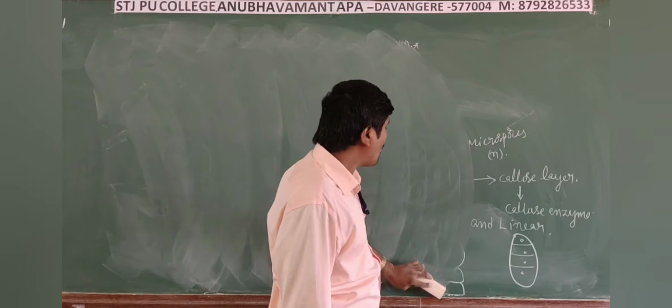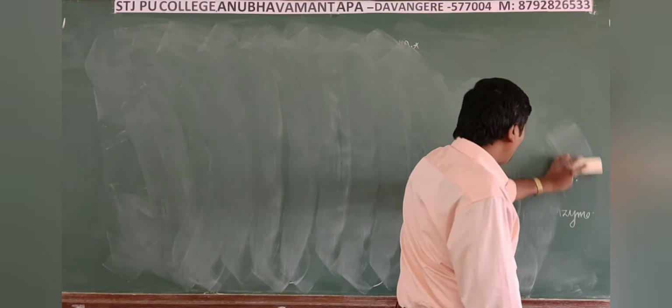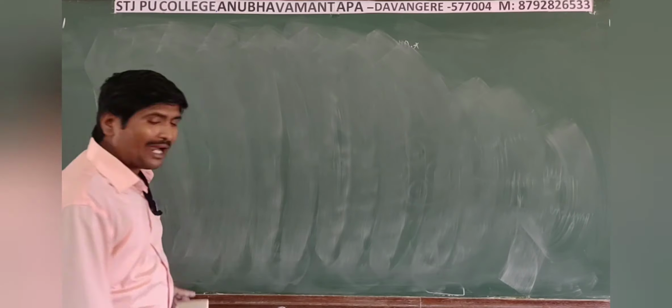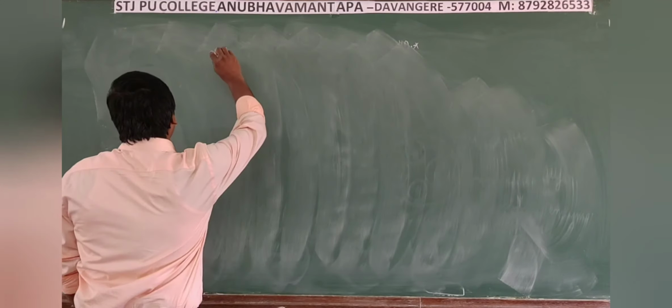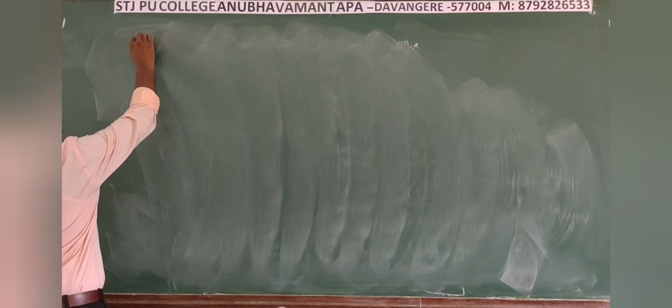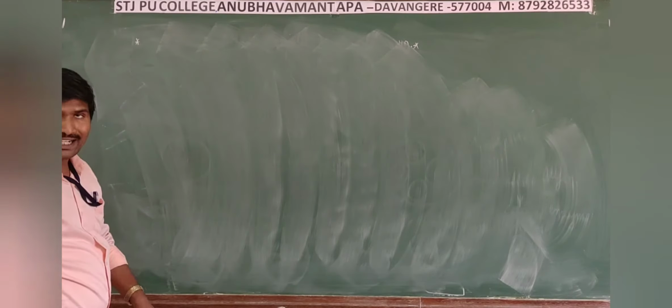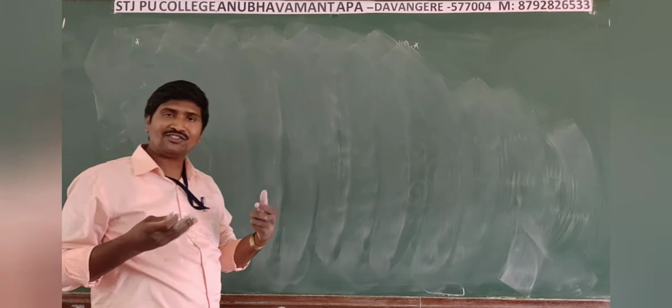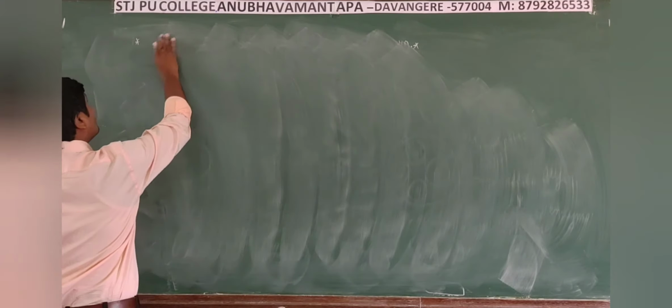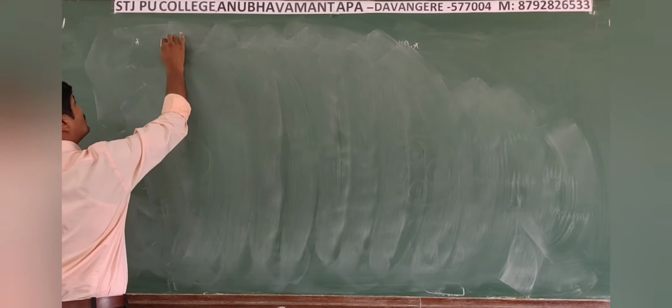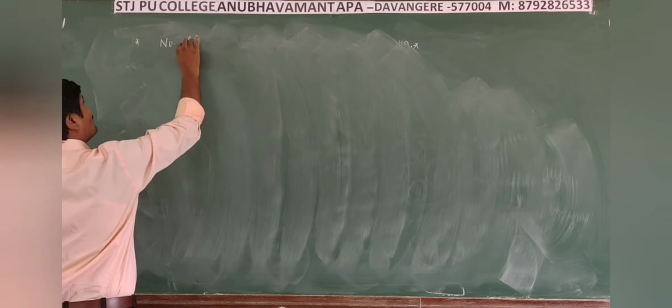In medical competitive entrance examinations, based on this microsporogenesis, some numerical questions are asked. That is, how to calculate the number of pollen grains from an anther, stamens or the entire plant.